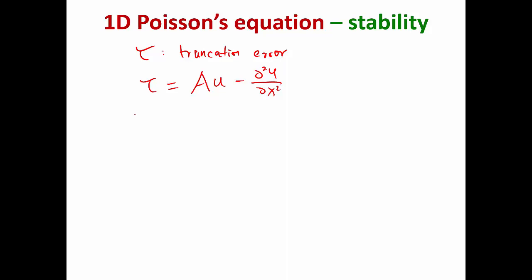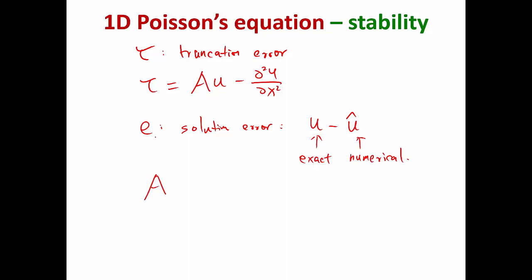And then we discussed that if I define the solution error E to be the difference between U minus U hat, where U is the analytical solution, the exact solution, let's call it, and U hat is my numerical solution, then I have a relationship between E and tau as A times E equal to, I always mess up the sign, but it is either plus or minus tau.